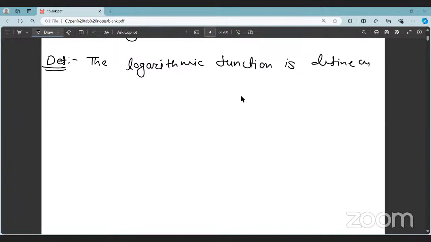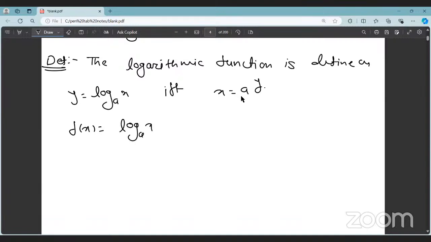we say that y is equal to log base a of x if and only if x is equal to a to the power y, right? So this function f(x) = log base a of x gives us f(x) = y if and only if a to the power y is equal to x. It's some sort of a reverse.